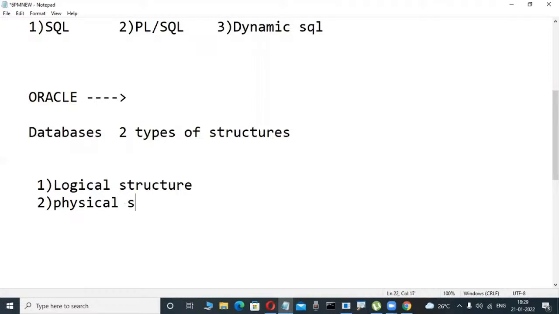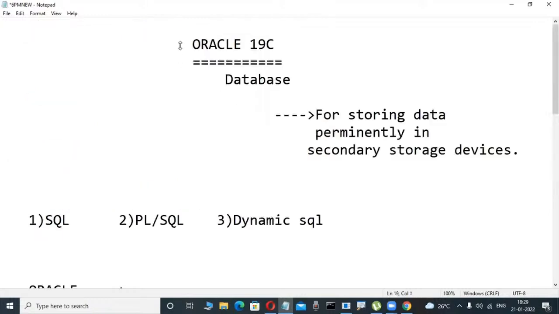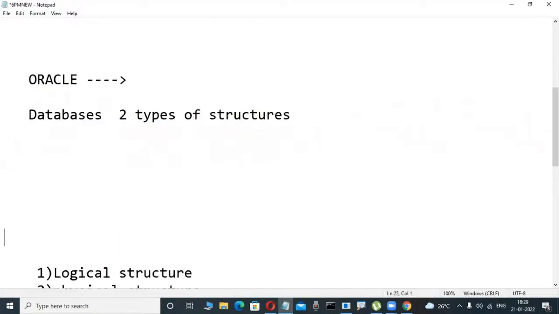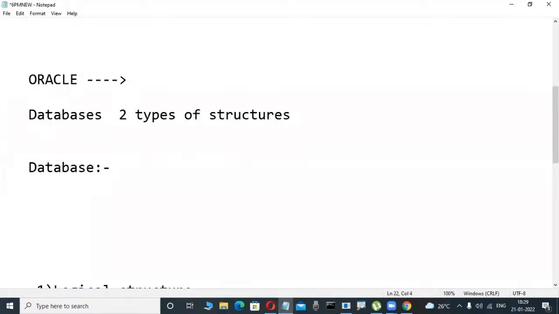Before we tell what the logical and physical structures are in these database softwares, just consider the database definition in books. So many fellows write it like this, so at least you can understand. What does database mean?